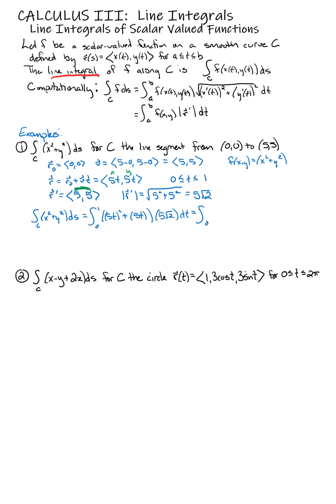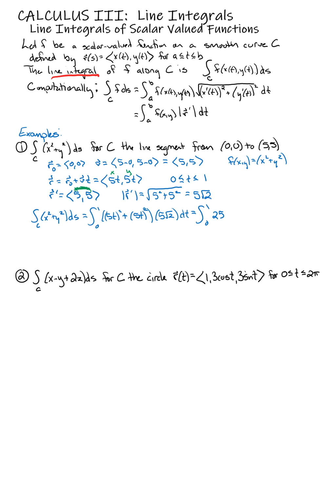If we simplify all this, that's 5t squared plus 5t squared, and then times another 5 and a square root of 2.